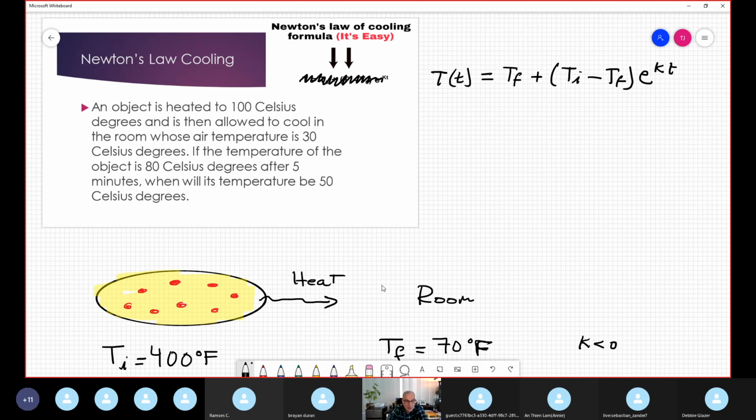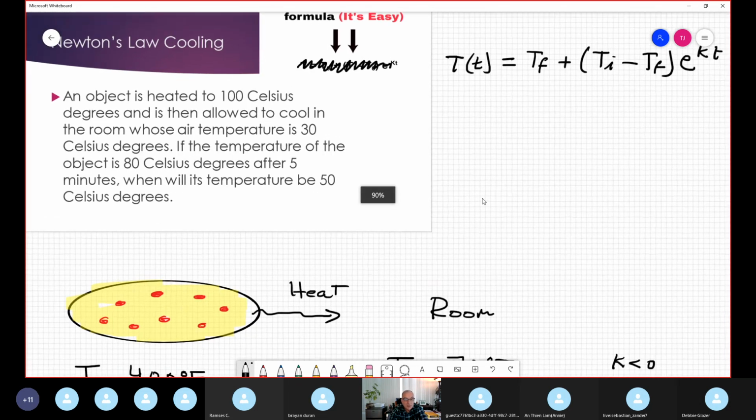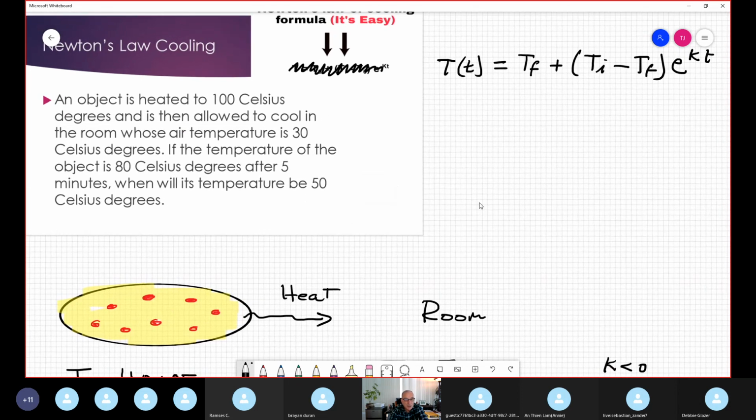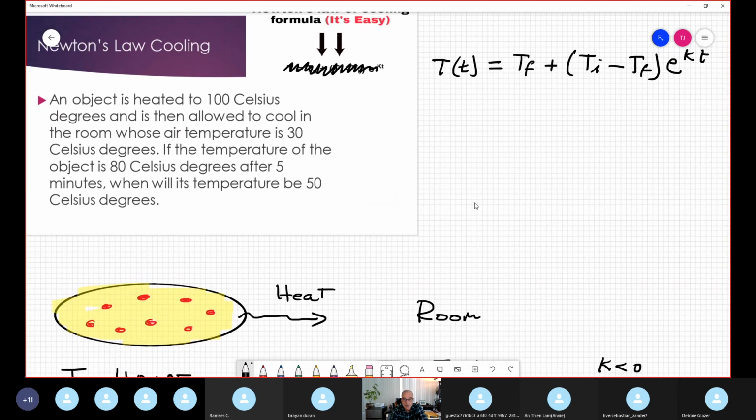Let me read again carefully and try to understand. An object is heated at 100 Celsius degrees. Well, I suppose that this is the initial temperature. And then allow it to cool in a room whose air temperature is 30. This is the final temperature.